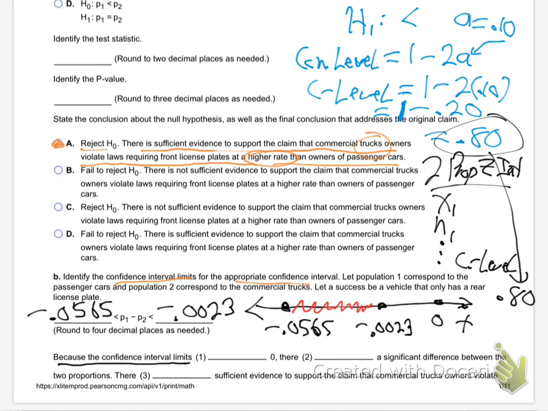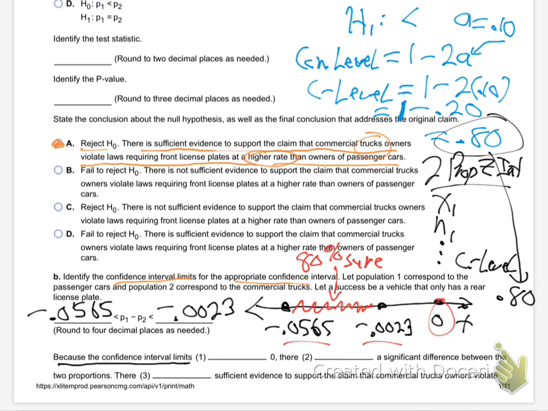We are 80% sure that the true difference for all cars and trucks, the difference in the proportions, the true difference in the percentages, is somewhere between negative 0.0565 and negative 0.0023, which means we're really sure 0's not in there.